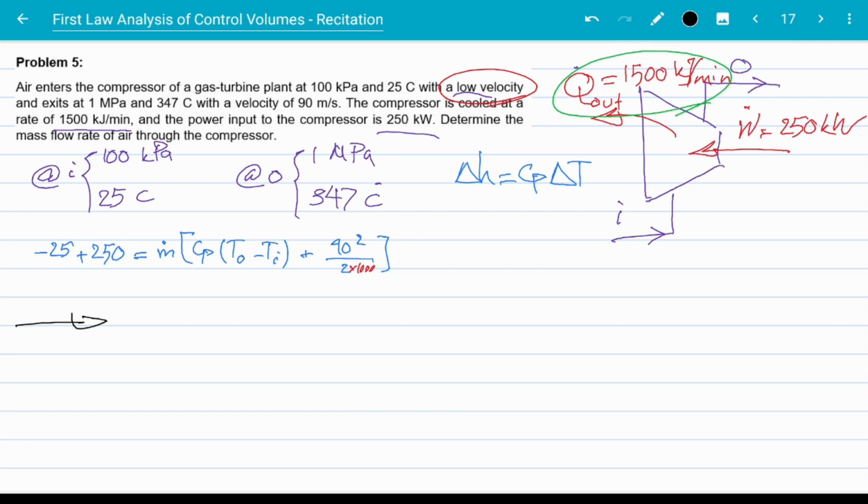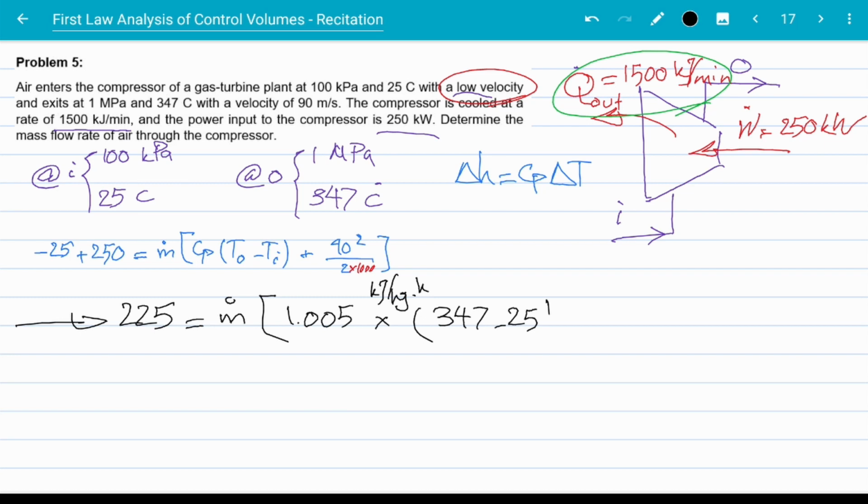Okay, so I get 225 on this side is equal to m dot. Now Cp of air is 1.005 kilojoules per kilogram Kelvin. The temperature at the exit is 347 minus the temperature at the entrance is 25 degrees Celsius plus 90 squared over 2 times 1,000.